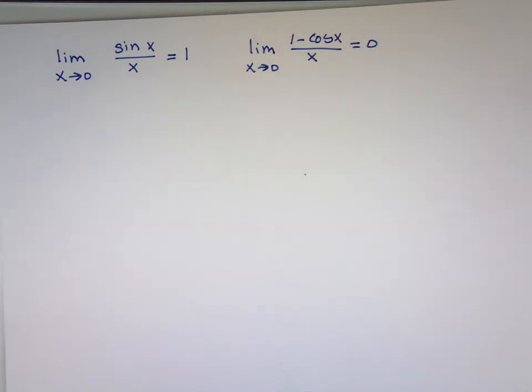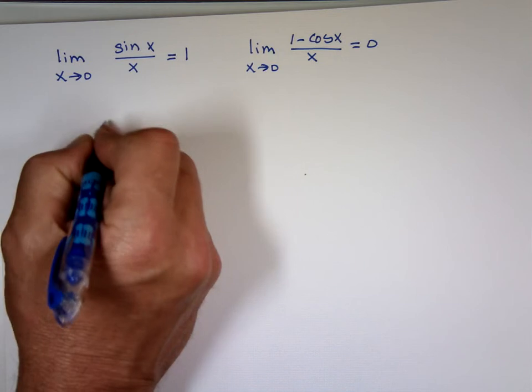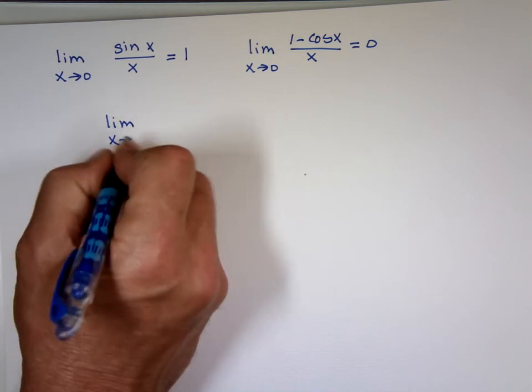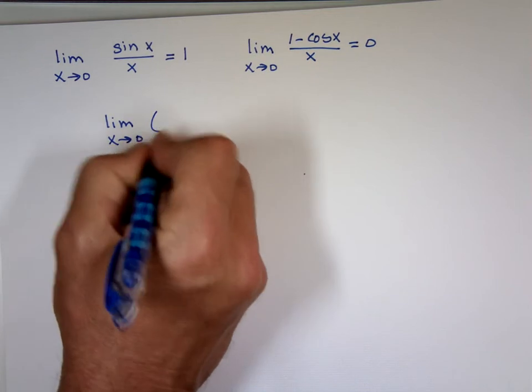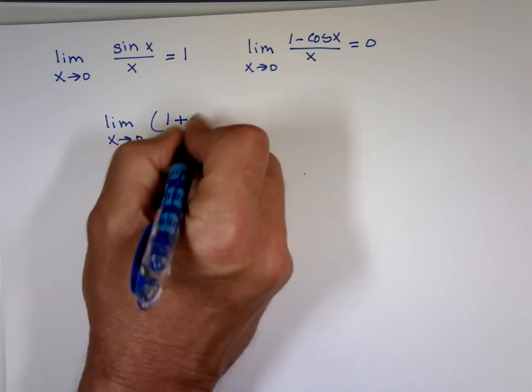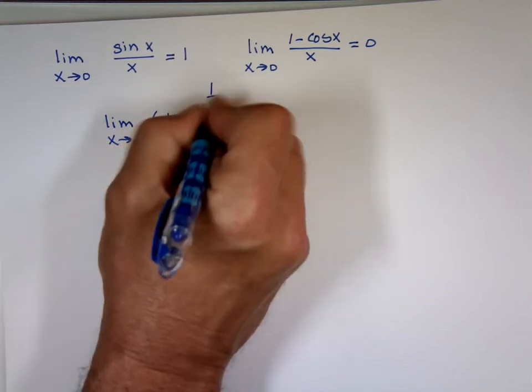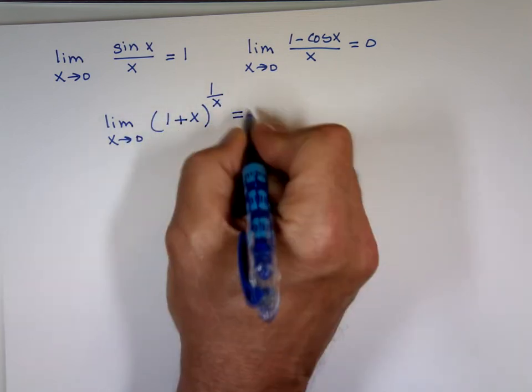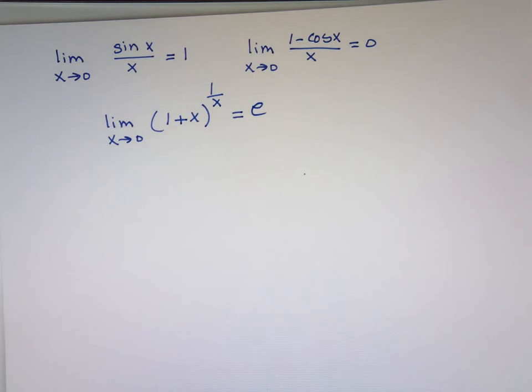And the last one, which I never use, but ready for this? The limit as x approaches 0 of 1 plus x to the power of 1 over x. You want to take a wild guess what that answer is? E. The 2.71828.